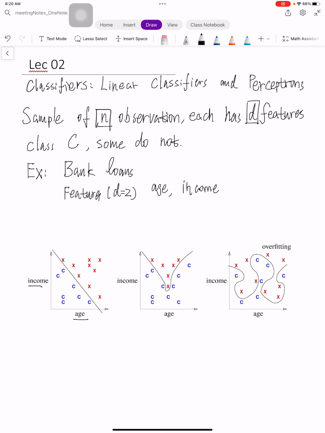Some of the applicants are classified as defaulted. Here, for example, in the following scatter plot, we have fake data.